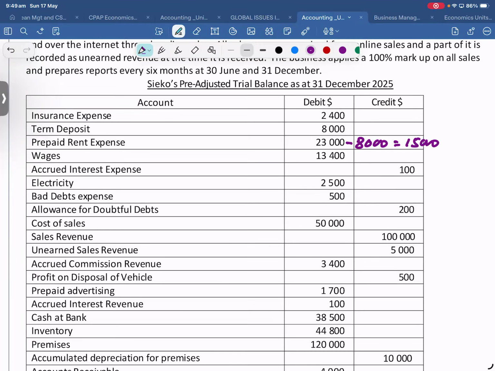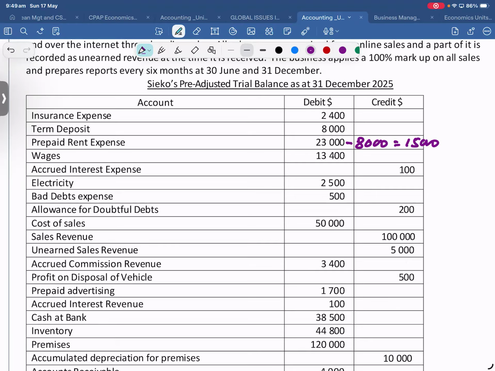And then if you want, you can write it. Otherwise, you don't have to really worry. 15,000, and the next one is rent expense. We don't have a ledger account rent expense. We have to open up, and then both of them we are going to update in where? Post adjusted trial balance.